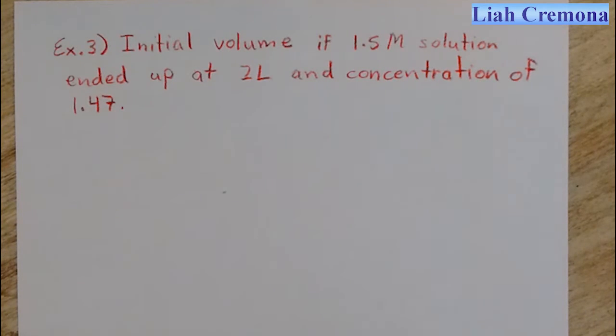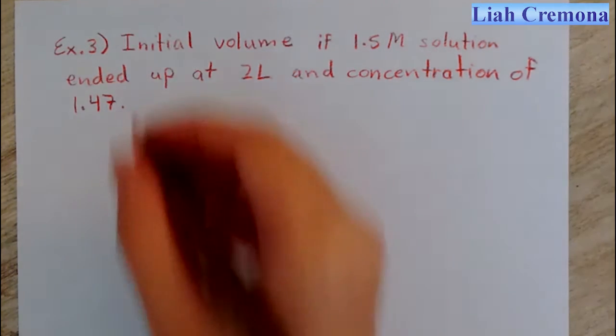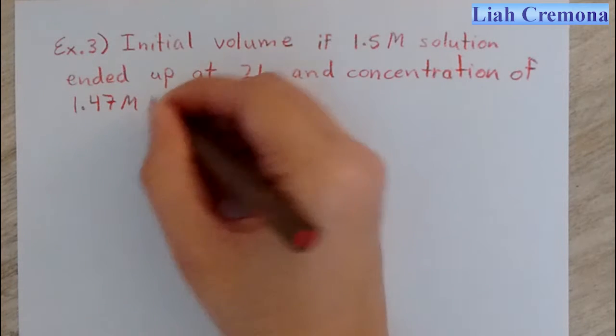Example 3. What was the initial volume if 1.5 molar solution ended up at 2 liters and a concentration of 1.47 concentration?